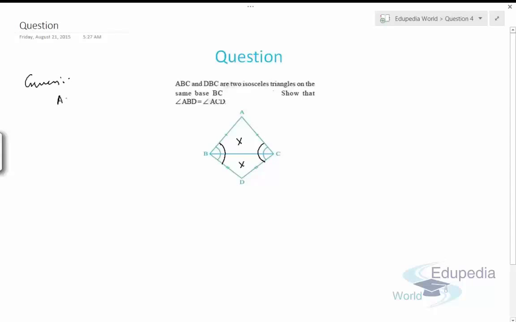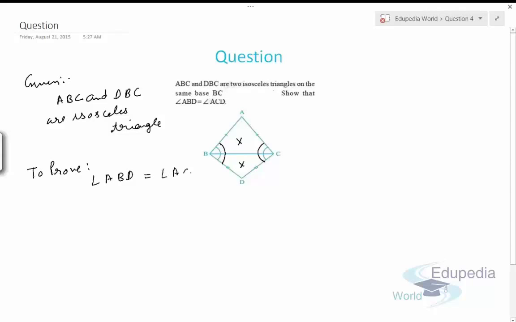It's given that ABC and DBC are isosceles triangles with same base BC. Now we need to prove that angle ABD is equal to angle ACD.